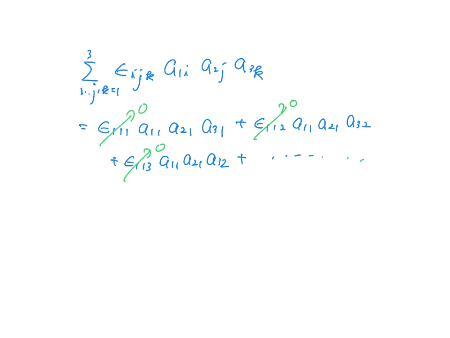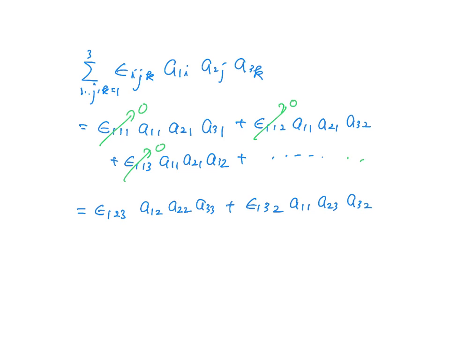So epsilon 1, and the possible combination of j, k is 2, 3: 2, 3, a1,1, a2,2, a3,3, plus epsilon 1,3,2. That's the only non-zero terms. a1,1, a2,3, a3,2.